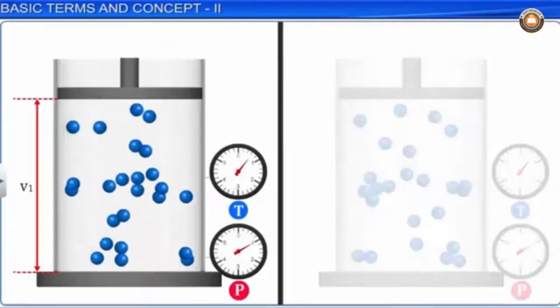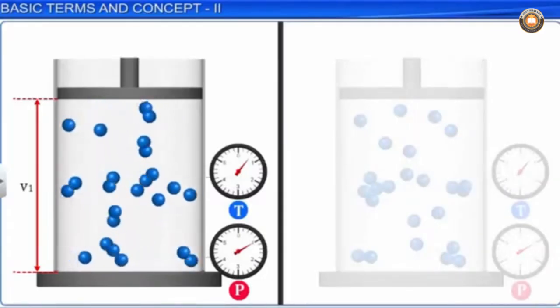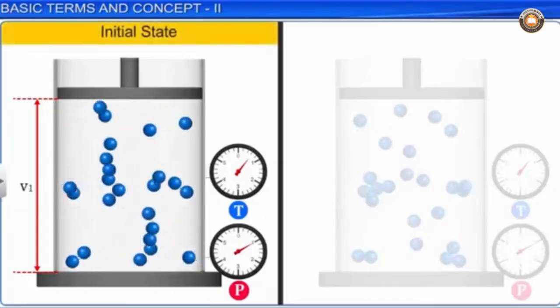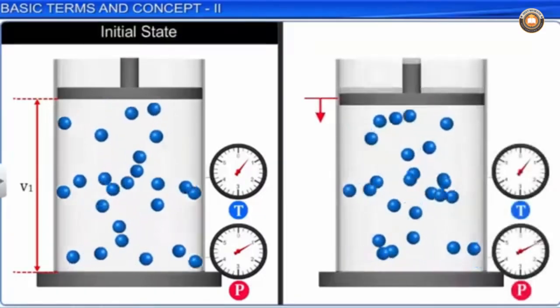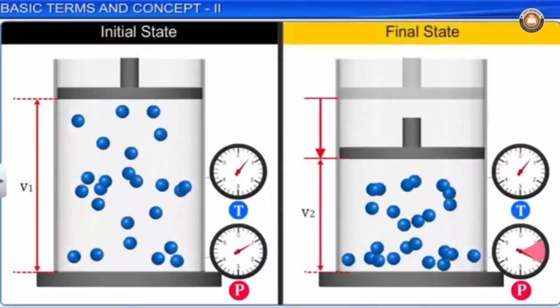The first state of the system, that is, the state before the change, is called the initial state, and the last state, that is the state after the change, is called the final state.